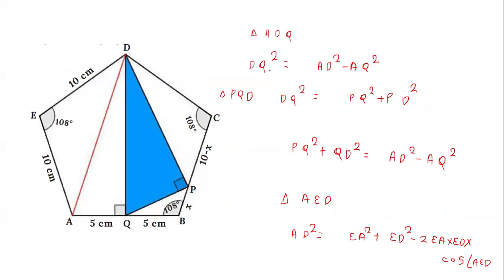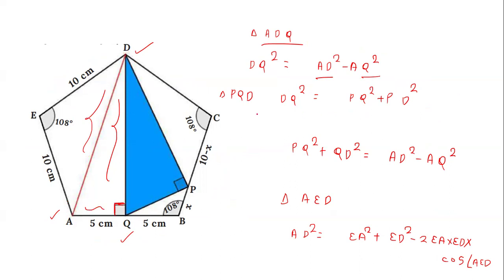Now you look at the triangle ADQ. This is our A, this is our D, and this is our Q. What is the value of DQ square? It is simply the hypotenuse square minus the base square, so AD square minus AQ square. This is a right angle triangle.